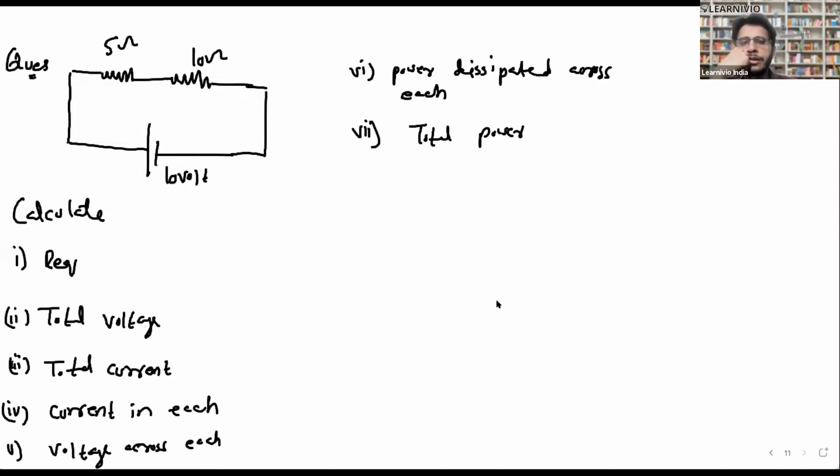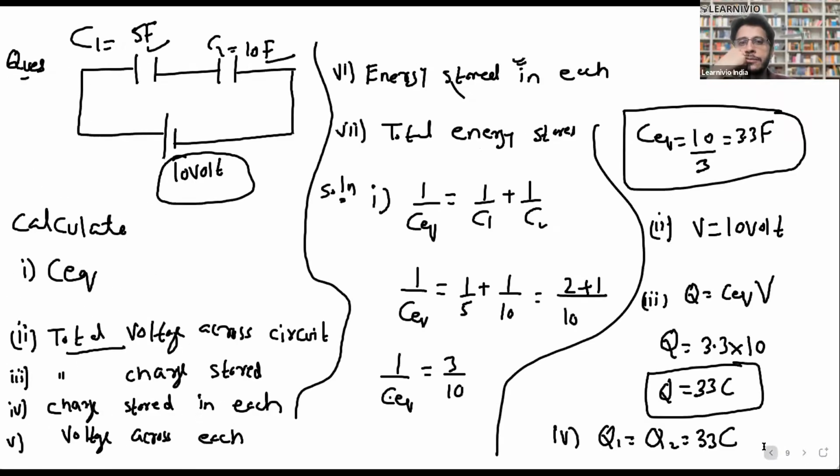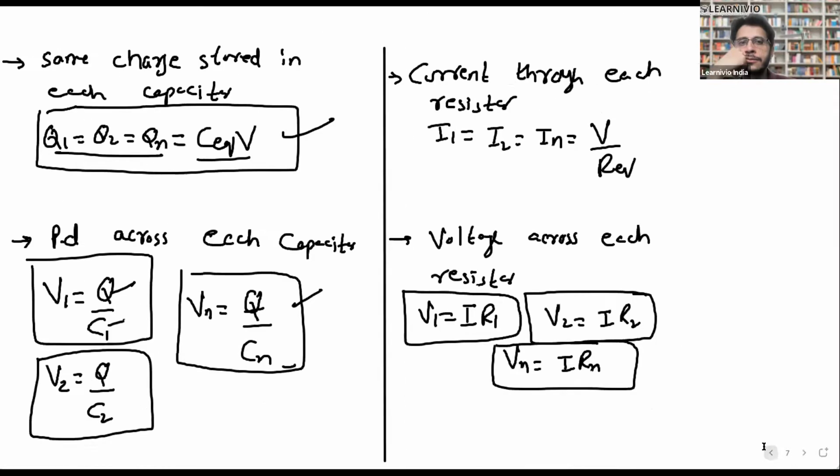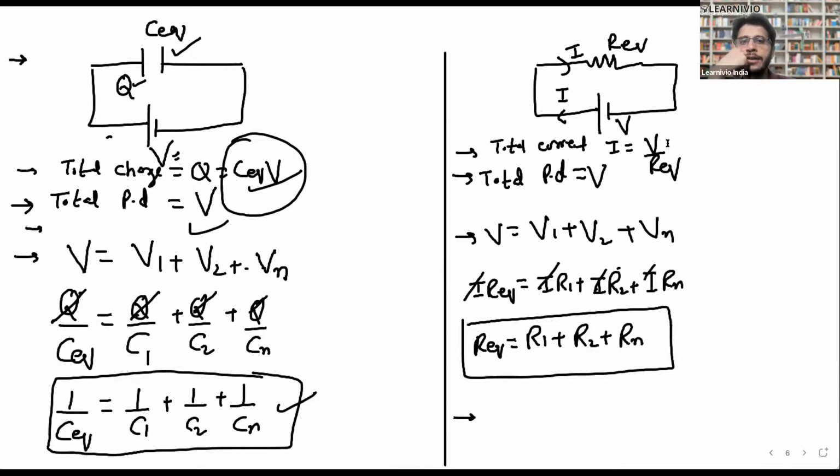Fatma, you're not calculating? No, Sania. This is the formula for current. See, this is the formula for total current, V by R. Current is voltage by resistance, and you are multiplying.